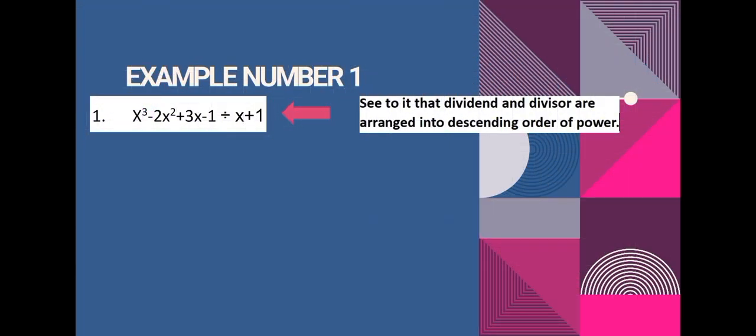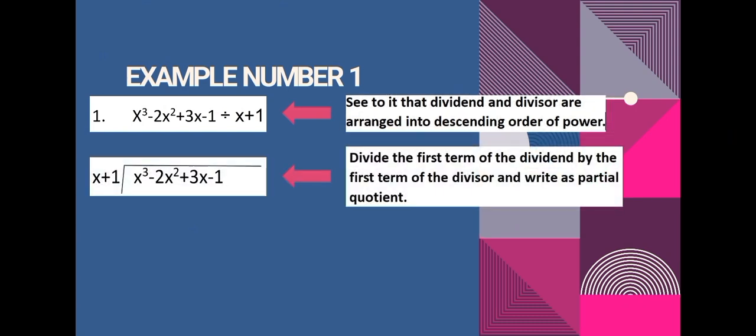Now, example number 1. X cubed minus 2x squared plus 3x minus 1 divided by x plus 1. Now we need to make sure that the dividend and divisor are arranged in the descending order of power. So now let's divide the first term of the dividend by the first term of the divisor and write as a partial quotient.